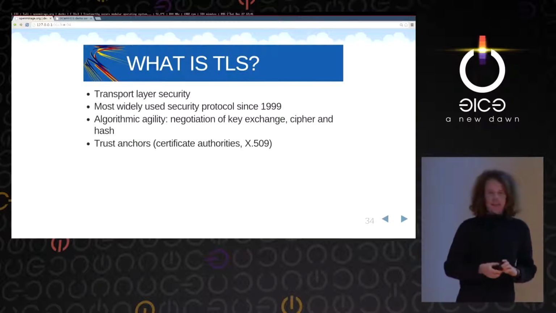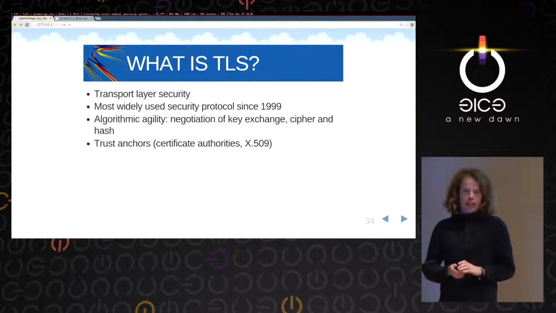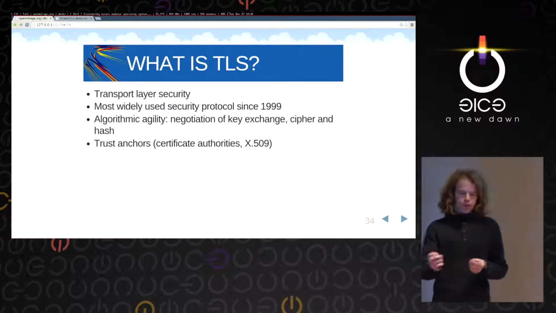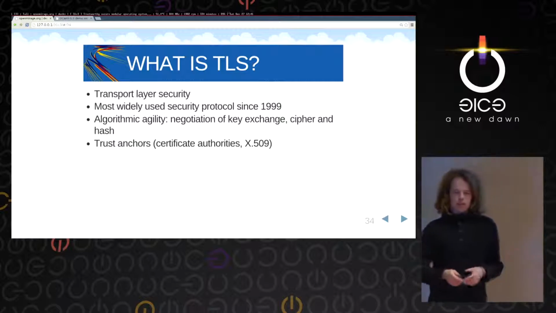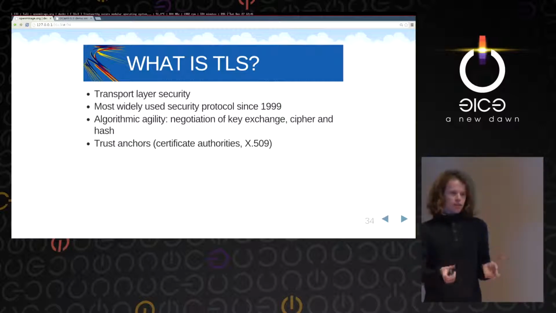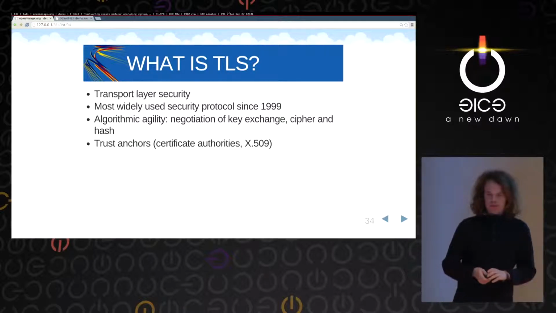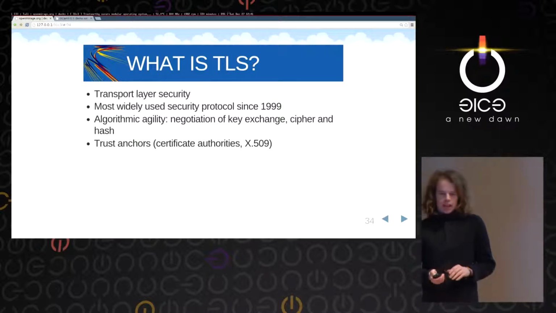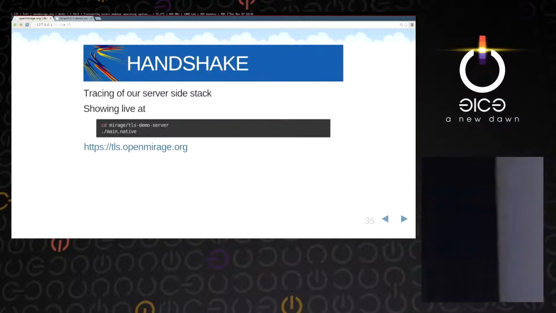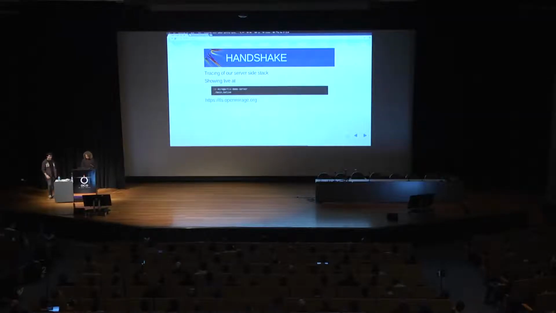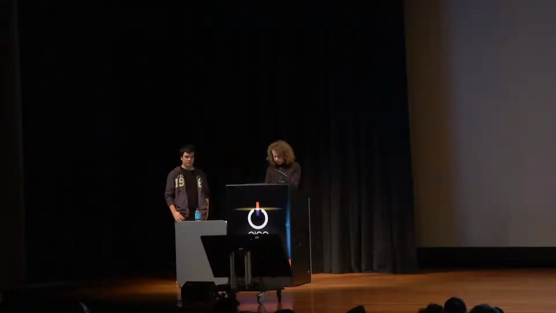The whole issue of secure communication is basically how to authenticate the other peer, and that is done in TLS using trust anchors, so those certificate authorities using X509 public key infrastructures. And yeah, I will just show you the handshake, because our stack, well, we wrote some tracing, we added some tracing features.